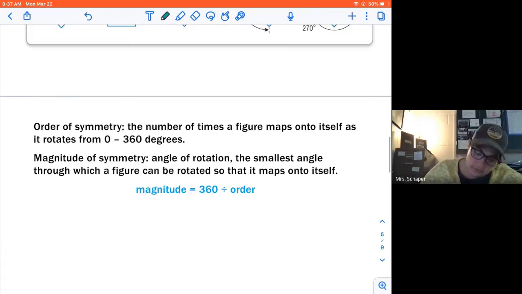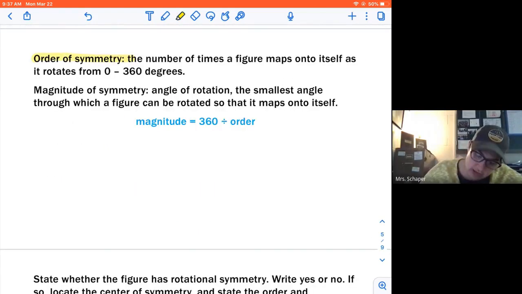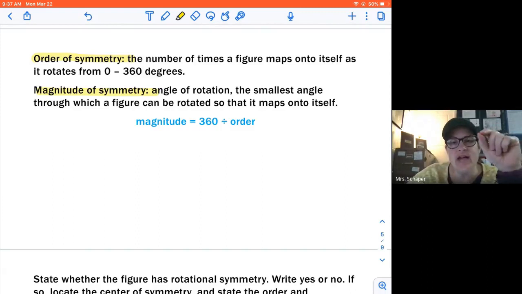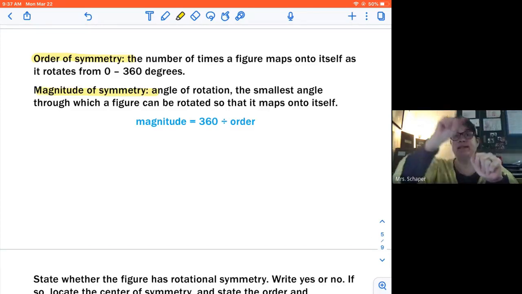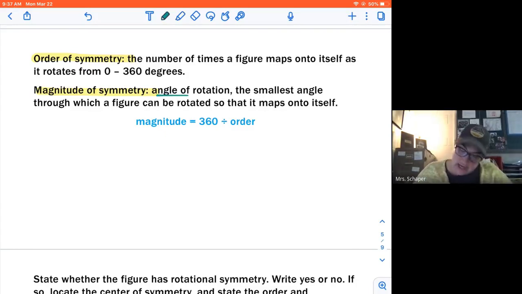So just a couple new vocab words: order of symmetry and magnitude of symmetry. The order of symmetry is the number of times a figure maps onto itself as it rotates. For example, a square would be 4 because it does 90, 180, 270, 360. The magnitude of symmetry is the angle of rotation.